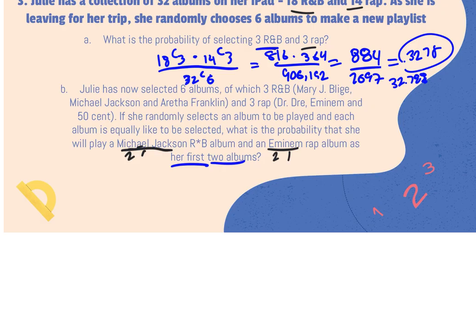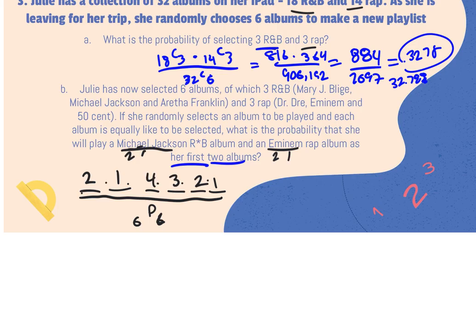So for the first 2 albums, I've got 2 choices. It can be Michael Jackson or Eminem. Then the second one's got to be the other one. And then the order of the other 4 doesn't really matter. So that's going to be 2 times 1 times 4 times 3 times 2 times 1, and that is going to be all over 6P6, because the order does in fact matter.